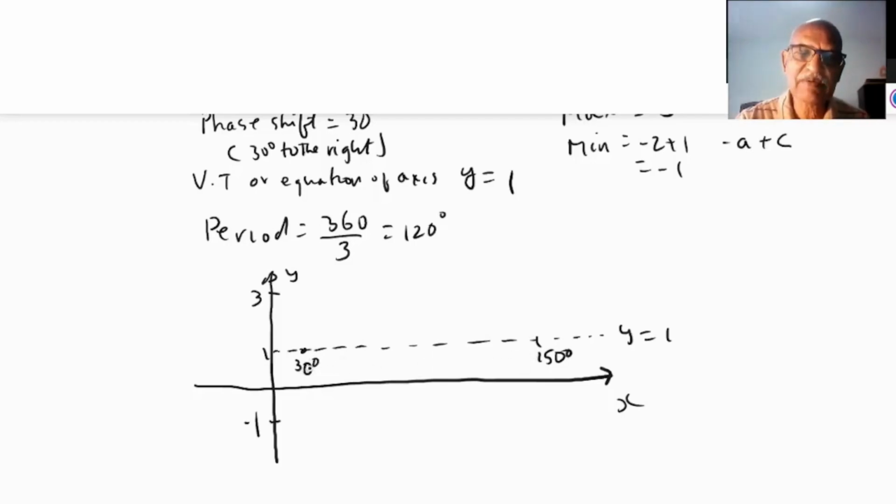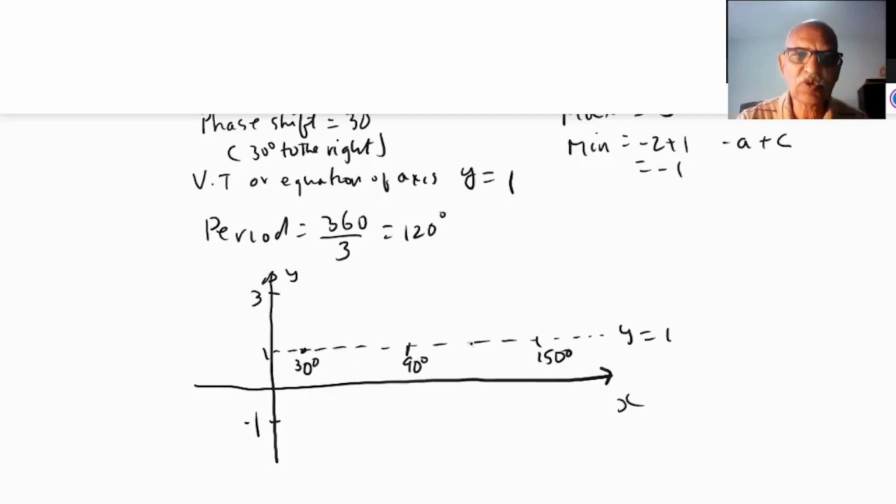As we said before, we need 5 points. We already have 2 points here. First we find the middle of 30 and 150: 30 plus 150 is 180, divided by 2 is 90.